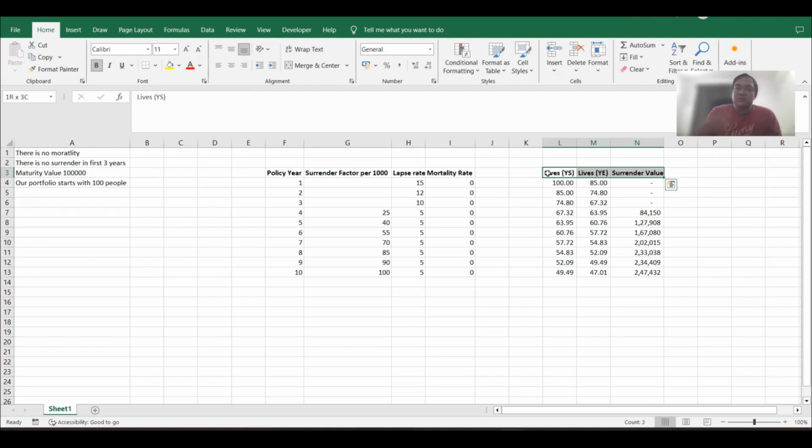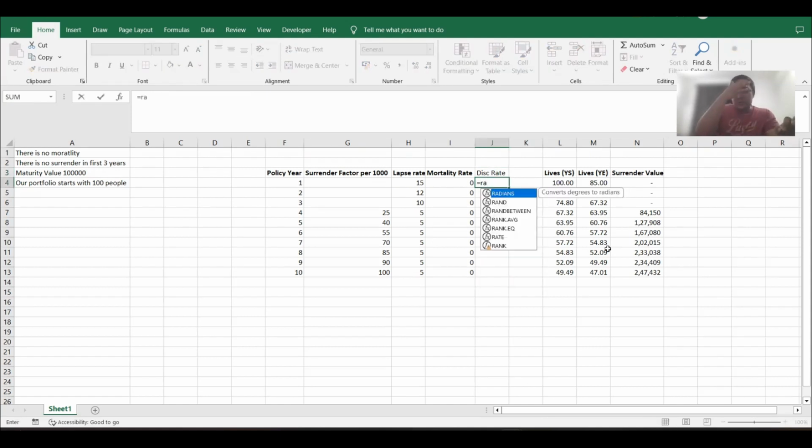So let us do that as well. Maybe let us put our discount rate here. What I'm going to do is take a random number between 1 to 10, and that would be my discount rate. So we're just making an assumption. Maybe let us put a number between 5 to 8.